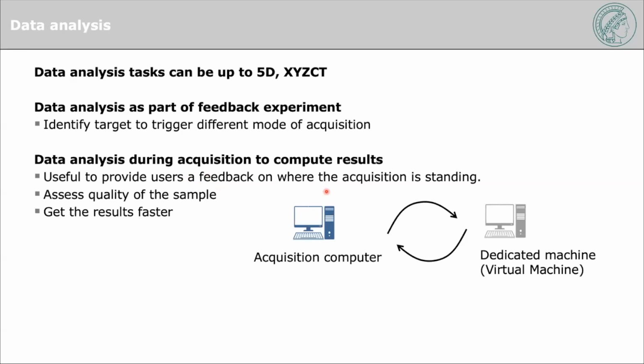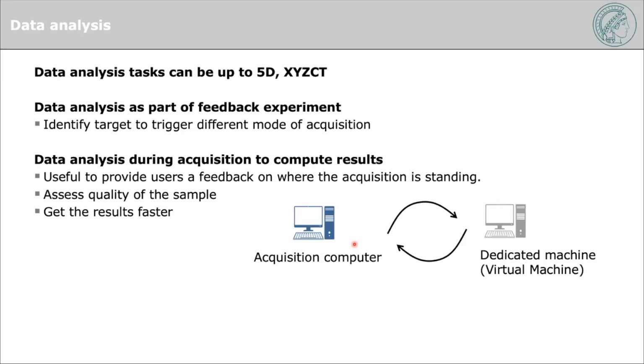Because if processing all the data takes a day and the acquisition takes a few hours, you may want to parallelize your analysis during the acquisition to be faster and get the results much faster. We do a little bit of this, but in fact not enough. During the feedback experiment, during acquisition, you can either process the data on the acquisition computer, but this can sometimes be limiting because it is not the best hardware after a while.